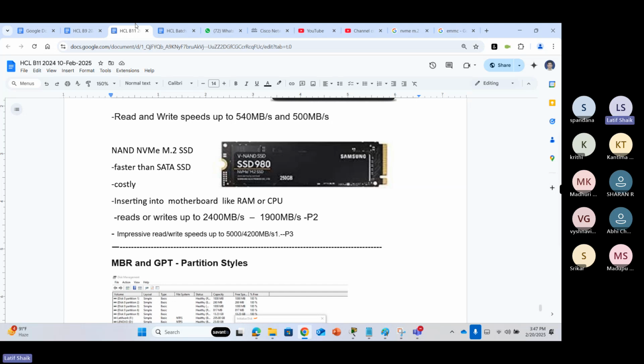And then hard disk and SSD differences. Both are mass storage devices. A hard disk stores data in platters, an SSD stores data in chips.